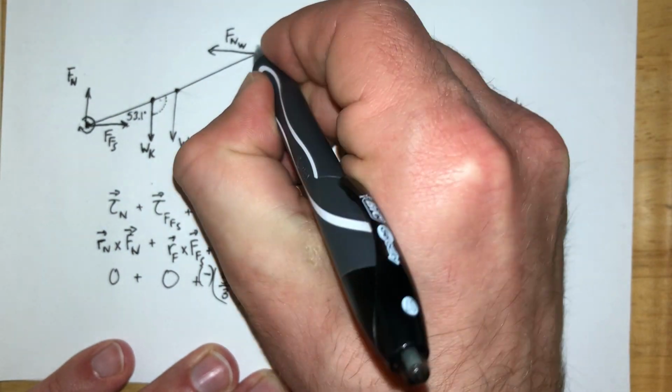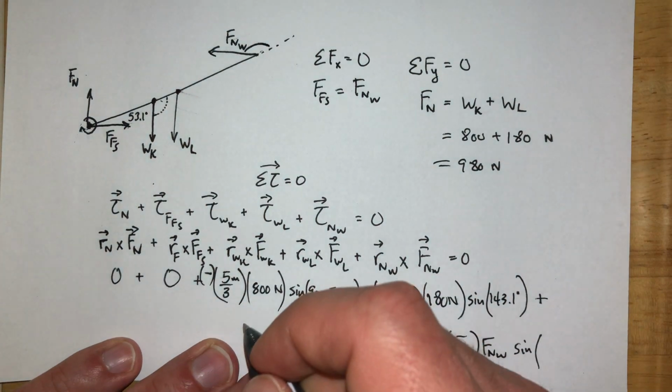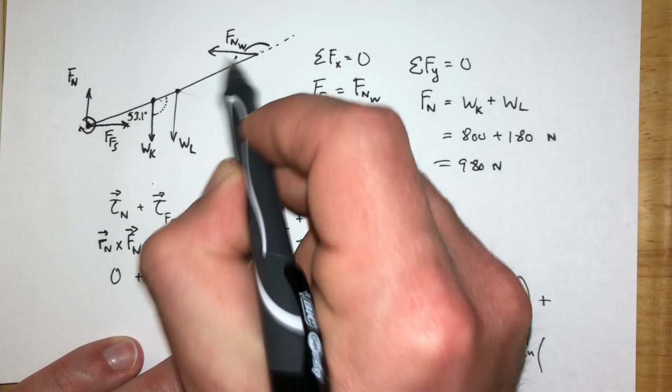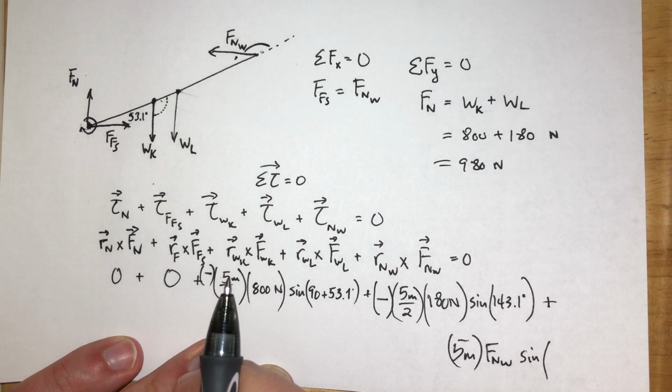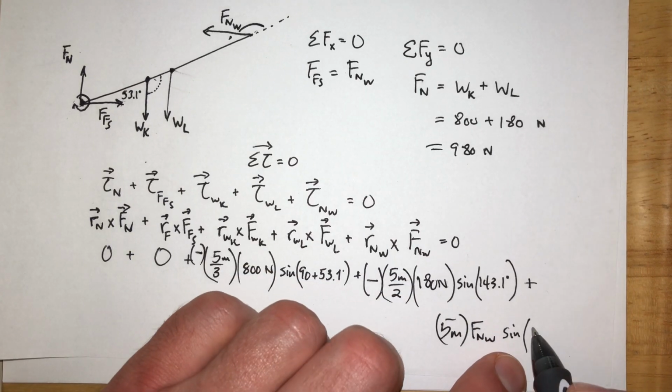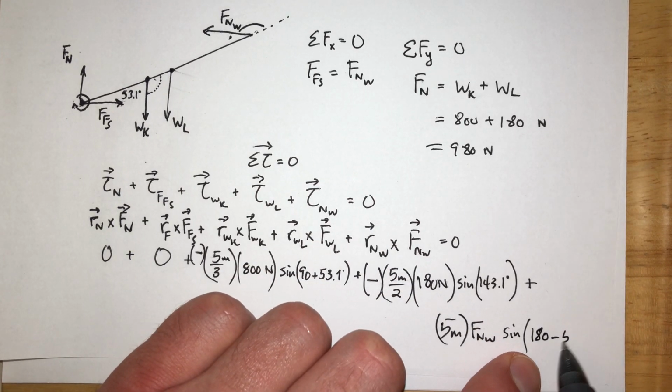We're talking about this angle, which is 180 minus 53.1.